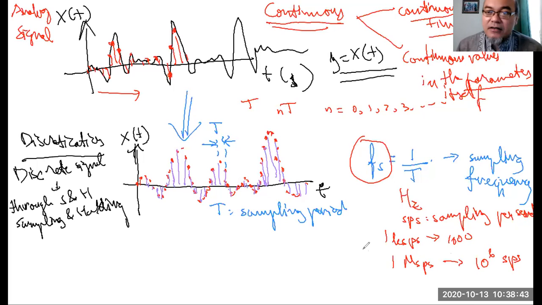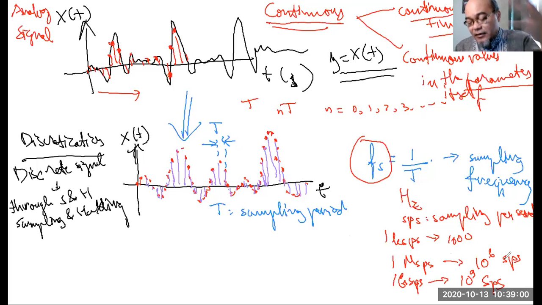Even some analog digital converters can do 1 GSPS, 10 to the power of 9 samples per second. Then every 1 nanosecond it samples the analog continuous data. Of course, then the reconstructed digital data will resemble the real analog signal more.